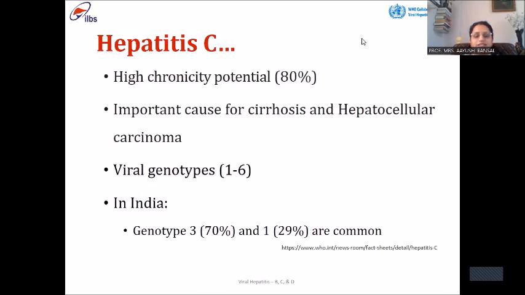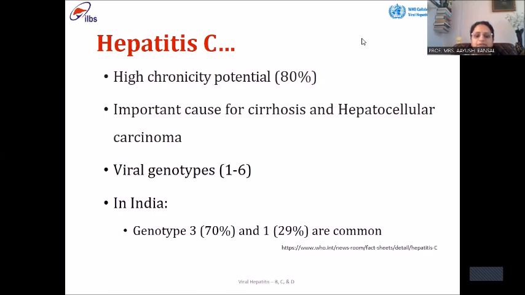So the chance of conversion of acute hepatitis C to chronic hepatitis C is very high, that is 80%. Important cause for cirrhosis and hepatocellular carcinoma. So we can say hepatitis C can cause permanent liver damage as well as cancer of the liver.